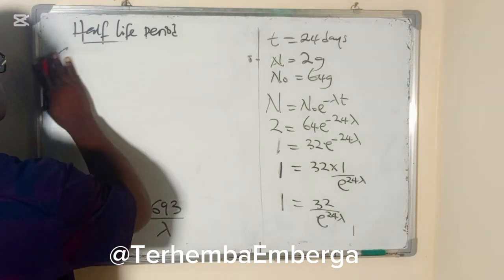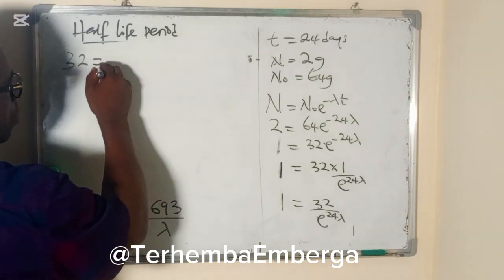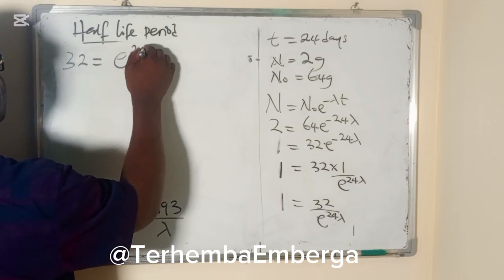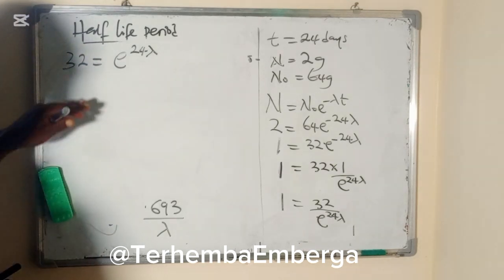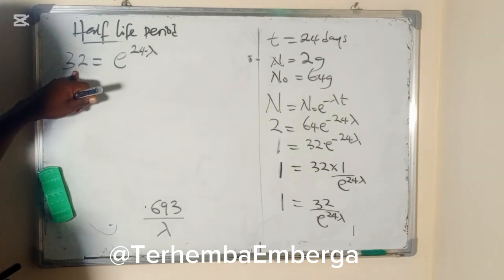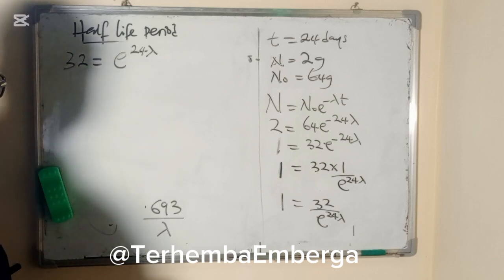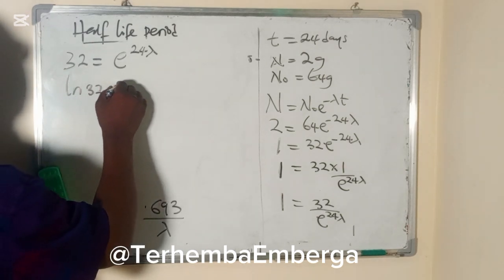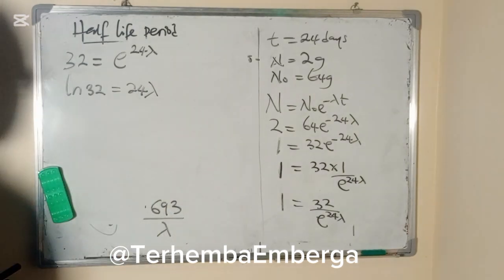By cross multiplication, we have 32 equal to e to the 24 lambda. So by the time you have this, you take the natural log on both sides of the equation, and this becomes ln 32 equal to 24 lambda.